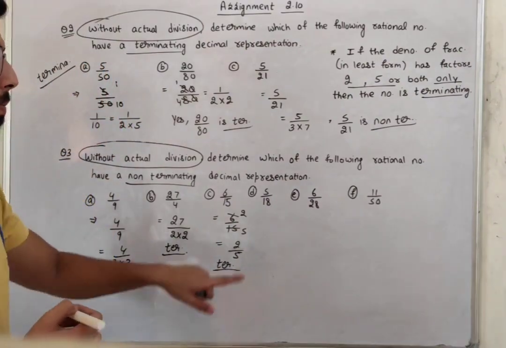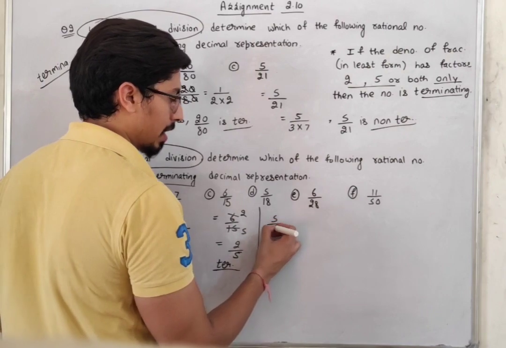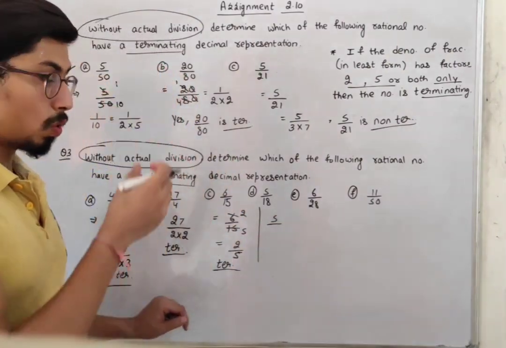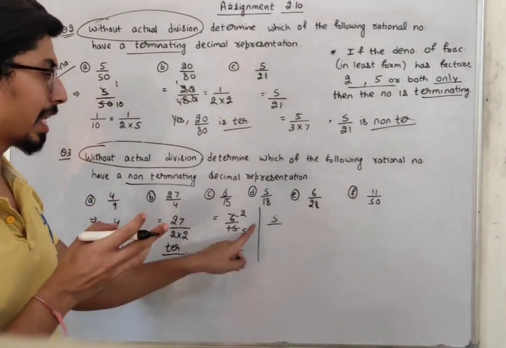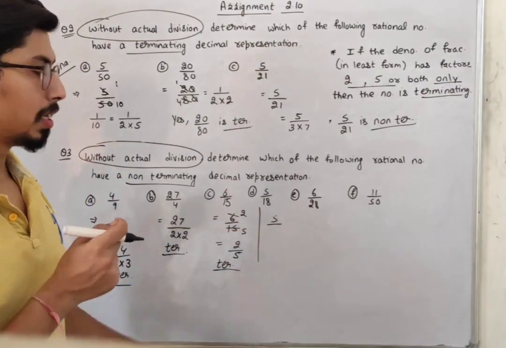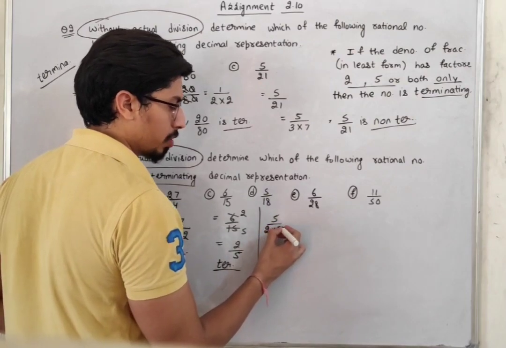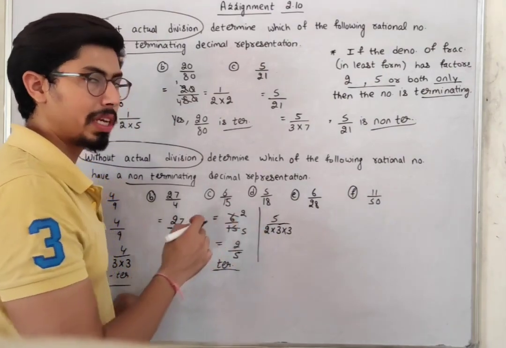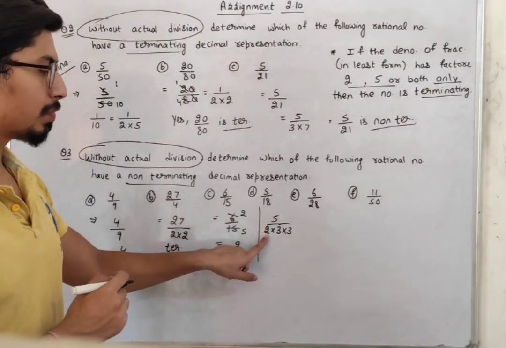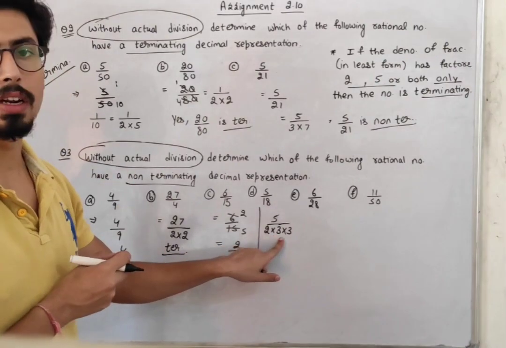Okay, student. Now if I take 5 by 18, that is our next part. So 5 by 18 is in the simplest form. So just take the prime factors of 18. It will be 2 into 3 into 3, students, because 3 3s are 9, 9 2s are 18. See students, we have 2 here as a prime factor, but we also have 3 here.